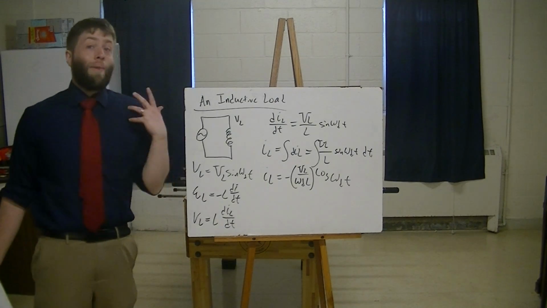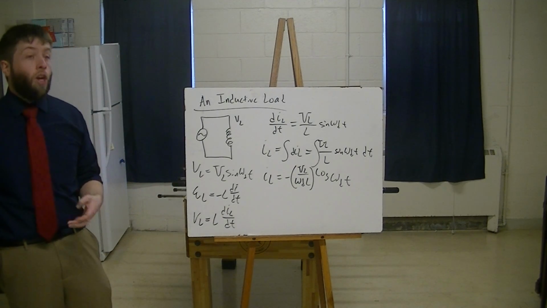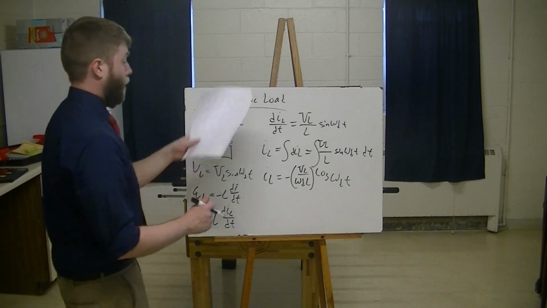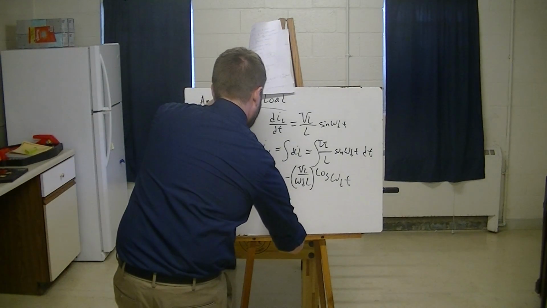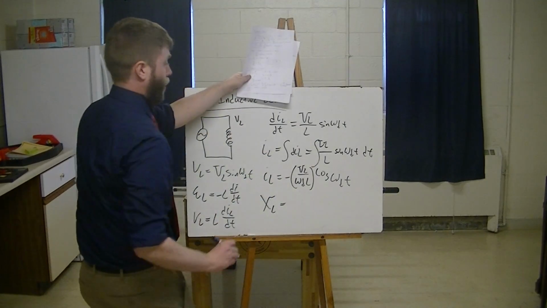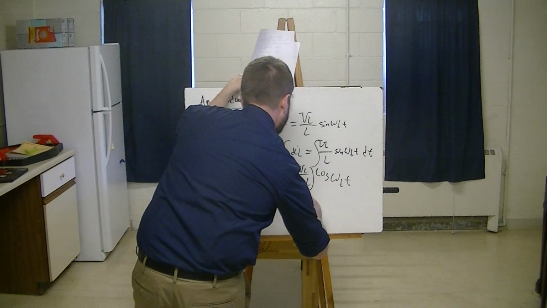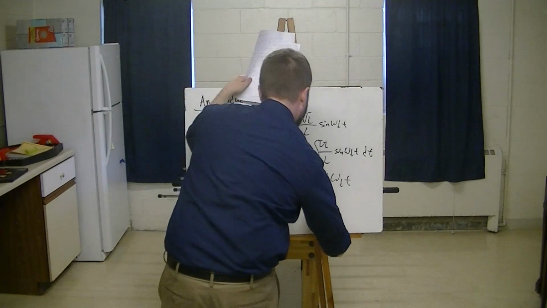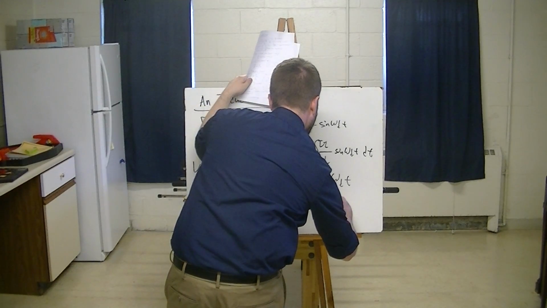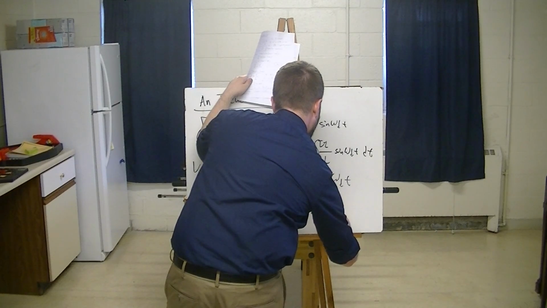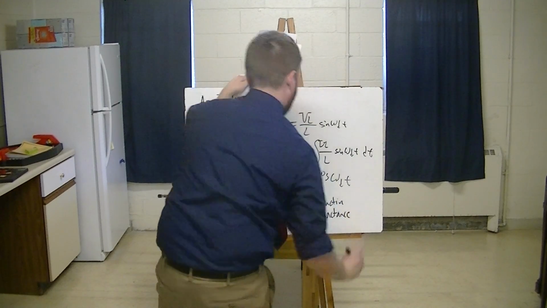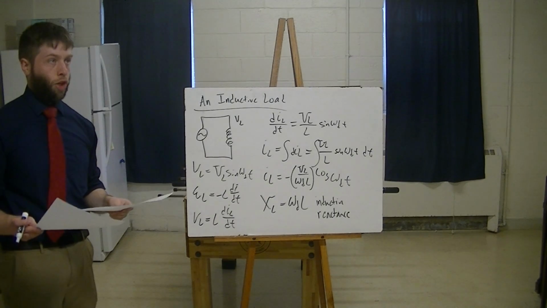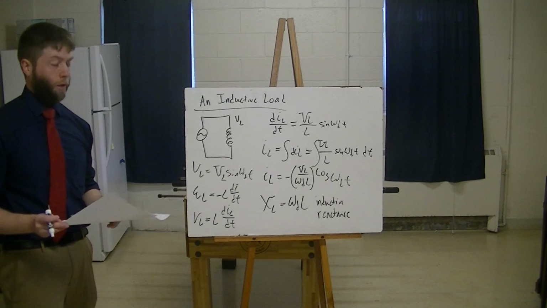Now once again, we want to make this look like a resistor. So we're going to introduce something called an inductive reactance. So chi L, the inductive reactance, is going to be equal to omega d times L. This is inductive reactance. Again, we want this to look similar to a resistor.